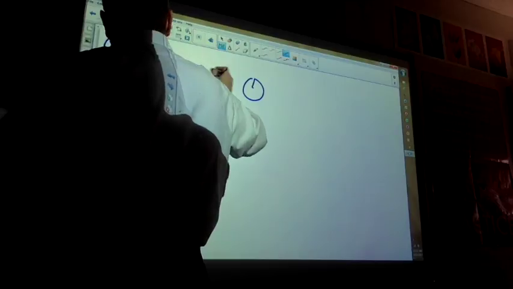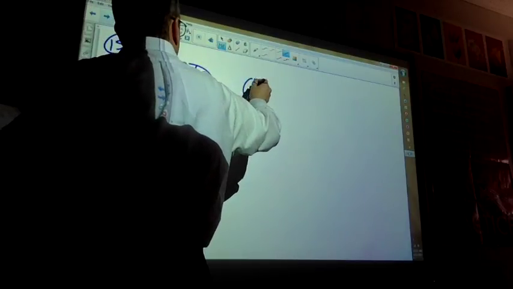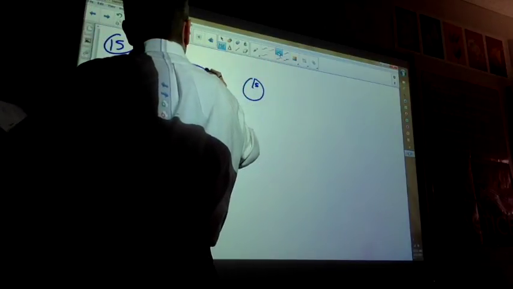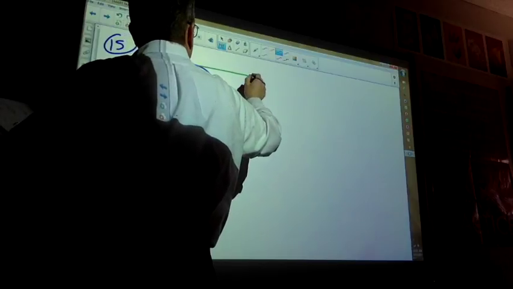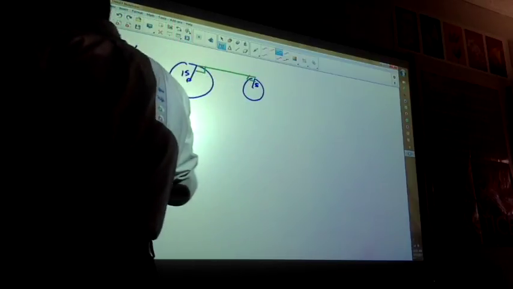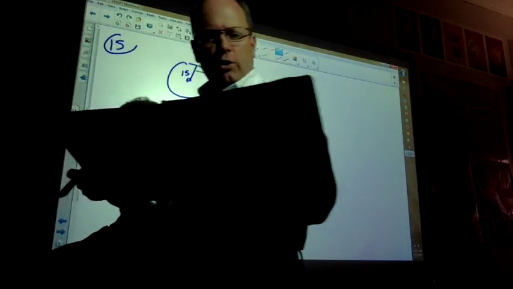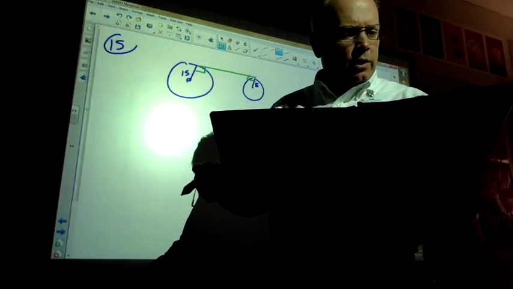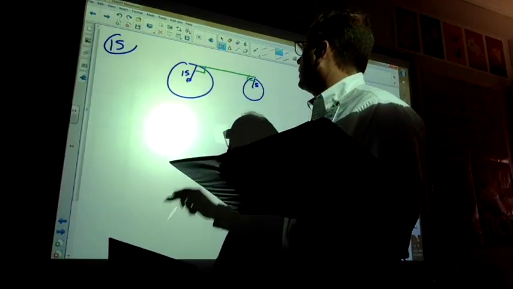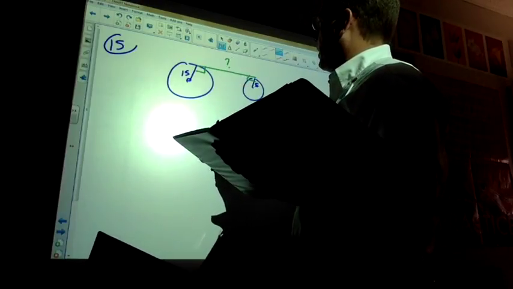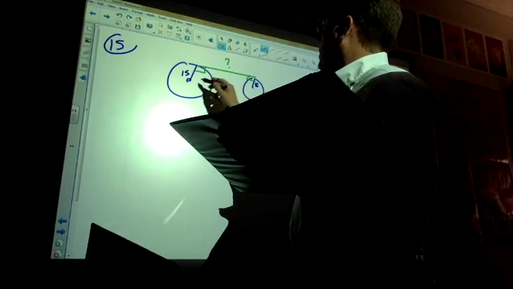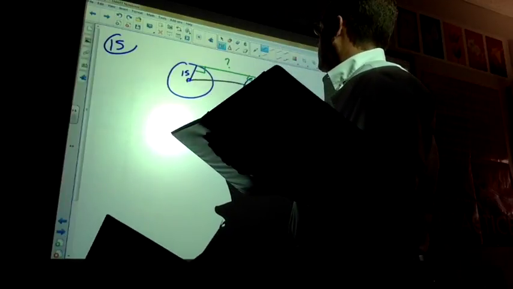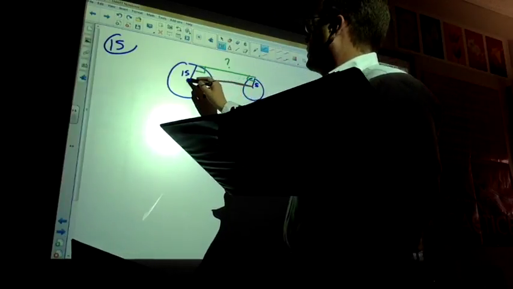That's 15. That's 5. Okay. So they want us to give the distance from center A to center B, find the length of the common tangent CD. So we want to know what this is up here, and then we also want to know what that distance is right there.